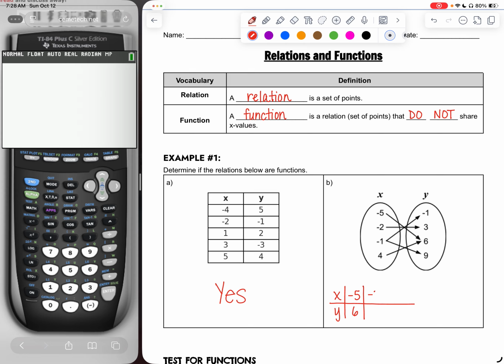The -2 goes with the 3. I can see that -1 goes to the y value of -1, but it also goes to the +9. And then we have the 4, which goes to the 6.